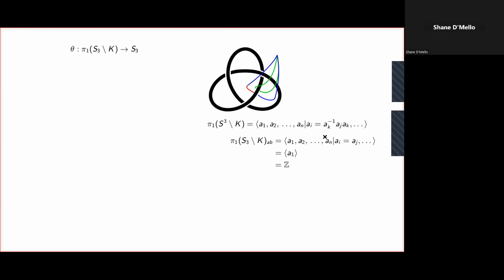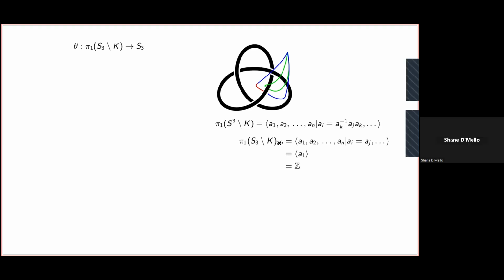there's a way to characterize the abelianization of a group, and the characterization is as follows: if you're given a group and its abelianization, there is a natural map from the group to the abelianization. That's essentially because the abelianization is a quotient of the original group.